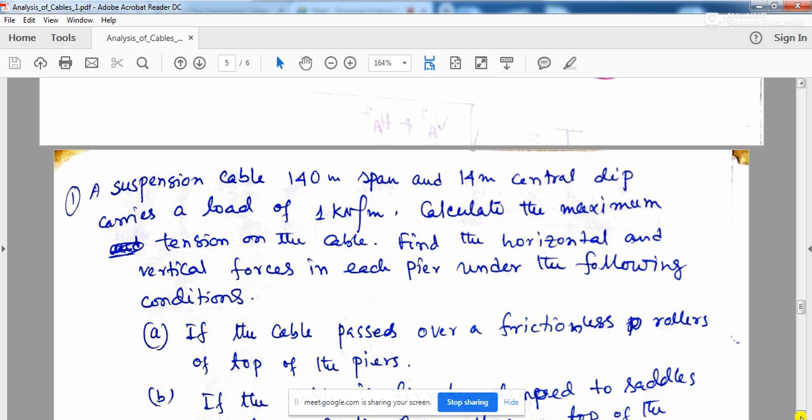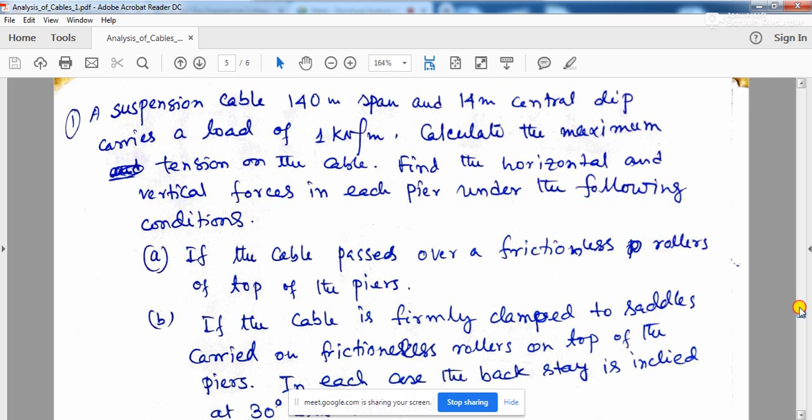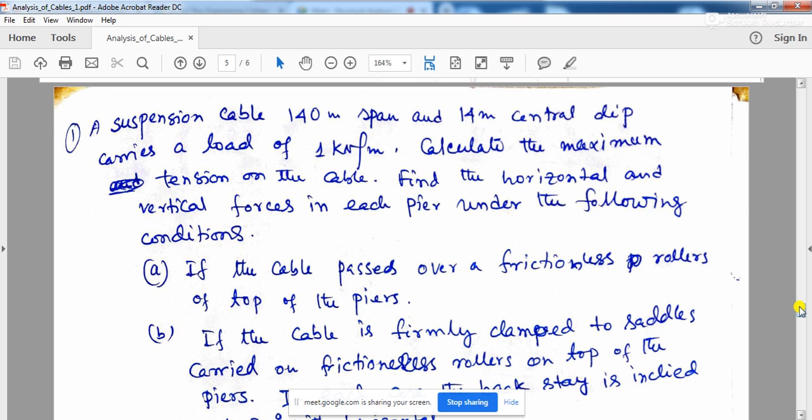That means on top of the supporting towers, how much horizontal force and how much vertical force will be generated because of the load being carried by the cable. You will have to find this for two conditions, which are the two support conditions we have discussed.